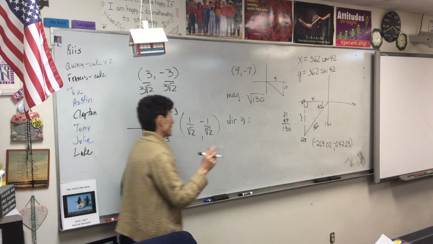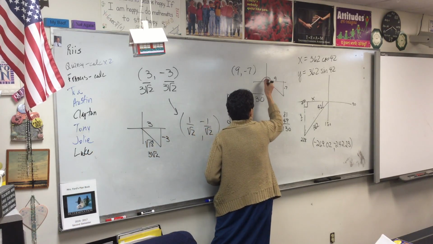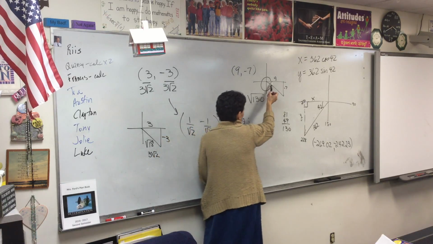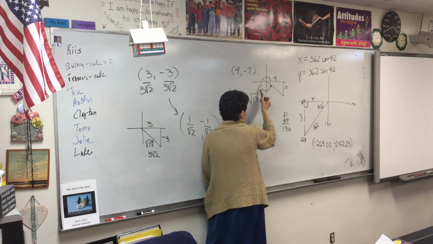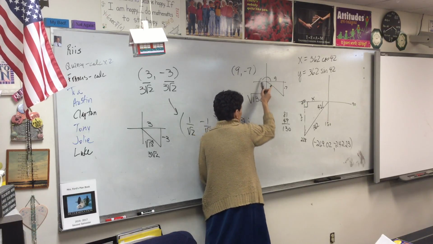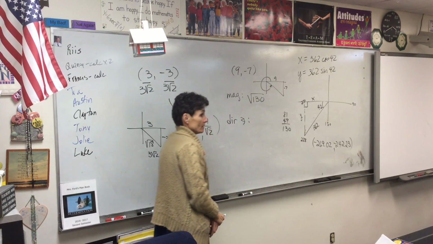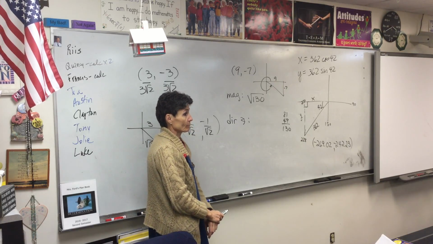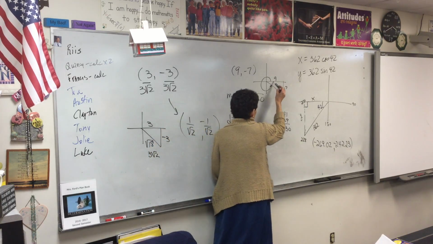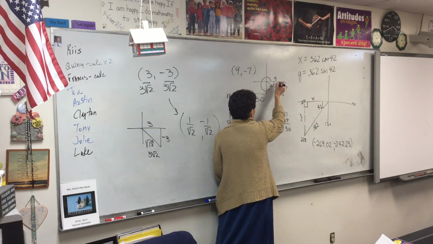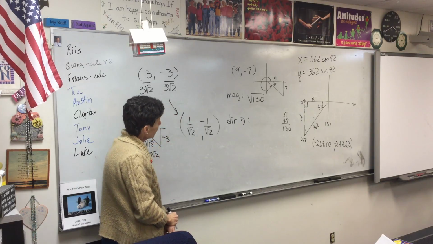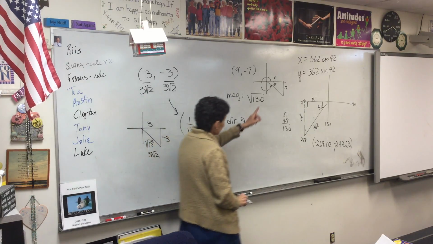Now the direction angle is right here. That's going to be the answer to the question. What do we need to find first? This little angle right here. I'll call it theta. How will I go about finding that little angle?